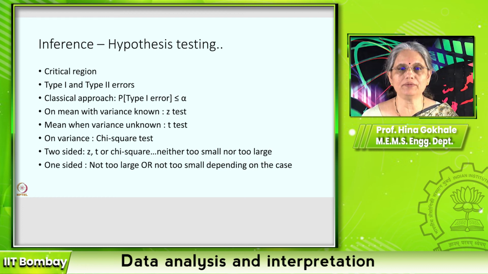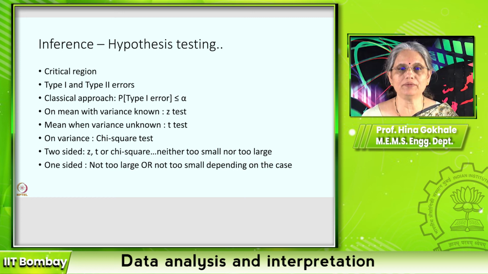Also, with respect to testing the mean equal to a given value, or equality of two different means, or when the means are equal and variances are unknown, or saying that a variance is equal to a given value, you take any of these tests, which will be a z test, a t test or a chi-square test.